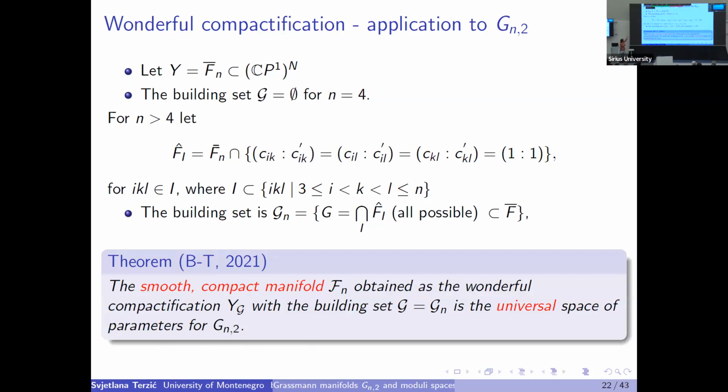And using wonderful compactification, we take these F i hat and their intersections as the building set, and we do iterated blow-ups along this building set, starting from Fn bar. As a result, using the theory of wonderful compactification, we obtained the smooth compact manifold Fn, and we prove that this space is going to satisfy all our requirements to be the universal space of parameters.